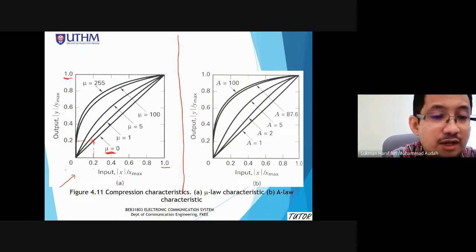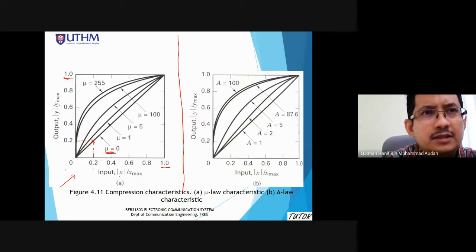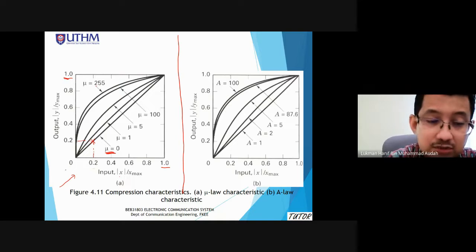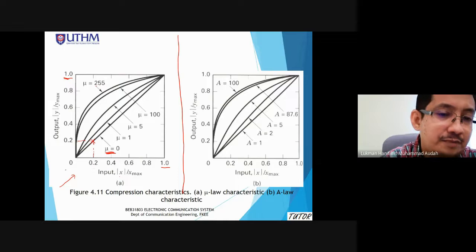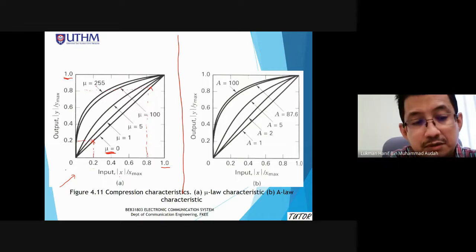Okay, seolah-olah seperti tidak ada proses compression. Sama juga dengan yang atas ini, kalau kita lihat. So ini pun lebih kurang 0.8 kalau kita gunakan mu equal to 0.